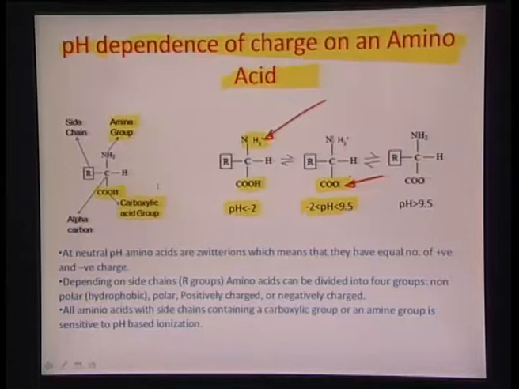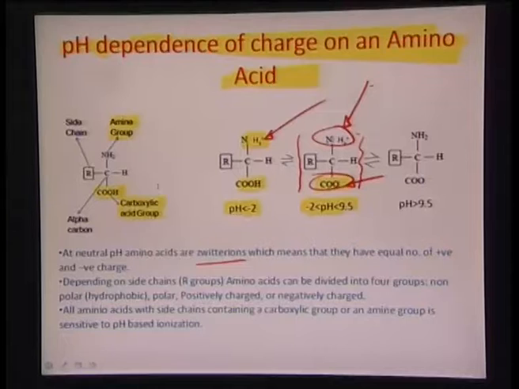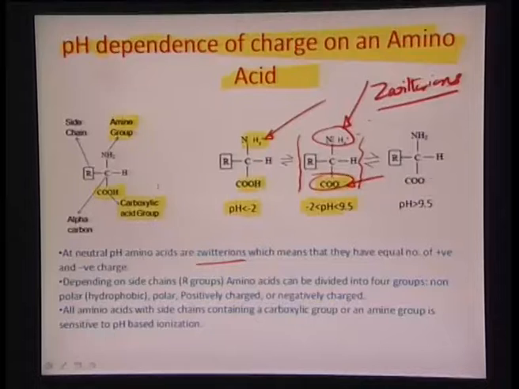In this kind of condition, the total amount of positive and negative charges on this particular moiety are equal and opposite to each other. So, they are known as Zwitter ions. There is a term to denote moieties where there are ion centers within the same molecule, but the positive and negative charges are equal and opposite, and so they are called Zwitter ions.